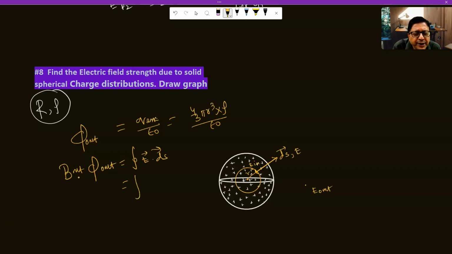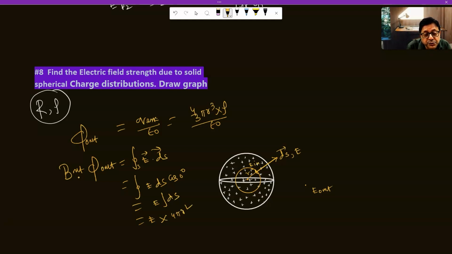So over that inner surface it will be E dS cos 0 degree. E is a constant, it will come outside, into the integral of dS. Electric field is constant at any point on this surface. It is E into how much? All these areas are added, it will give you 4 pi r square.